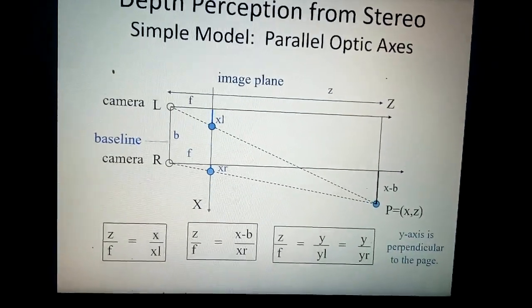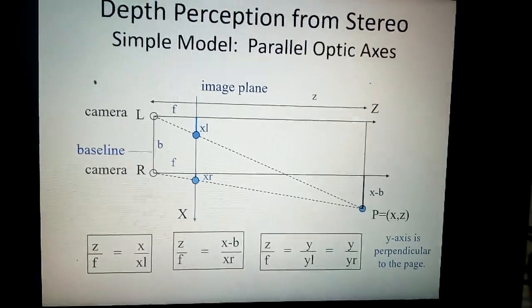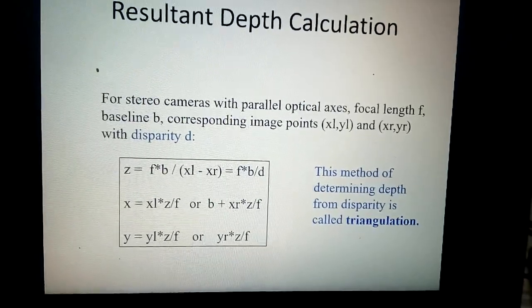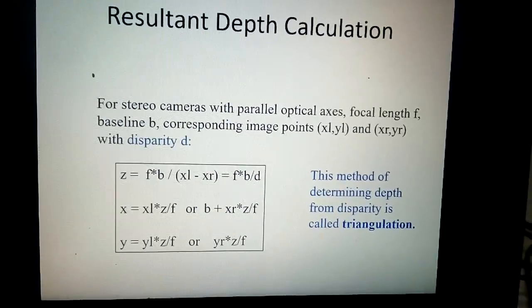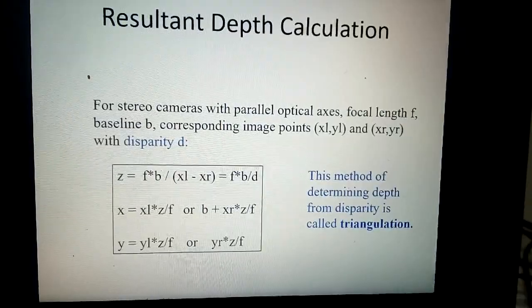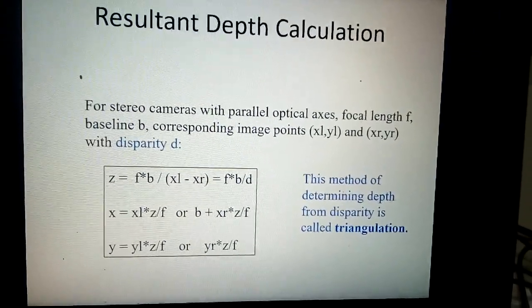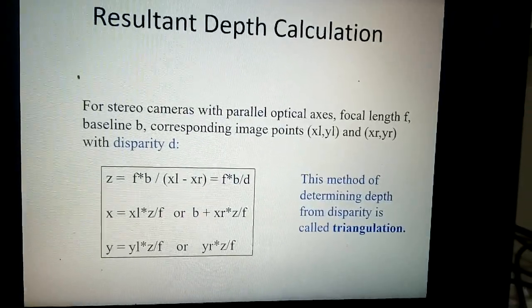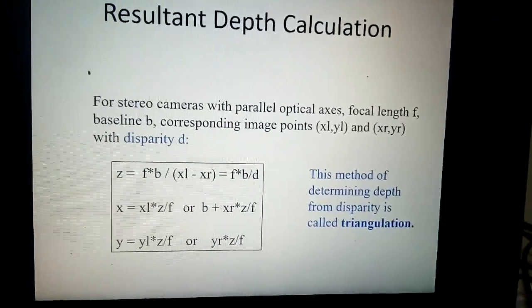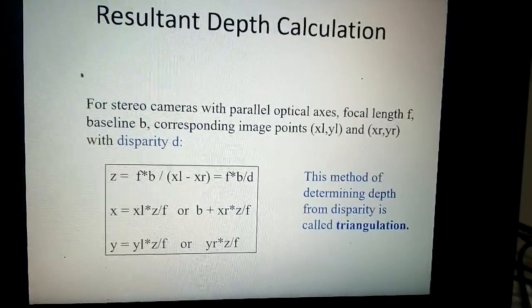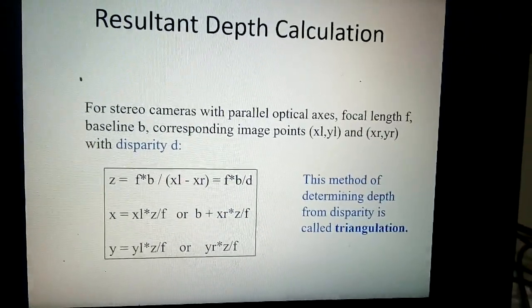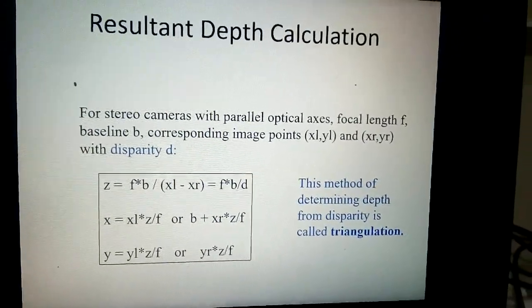From these we derive z is equal to f star b by xl minus xr, which is equal to f star b by d. x is equal to xl star z by f, or b plus xr star z by f. y is equal to yl star z by f, or yr star z by f.